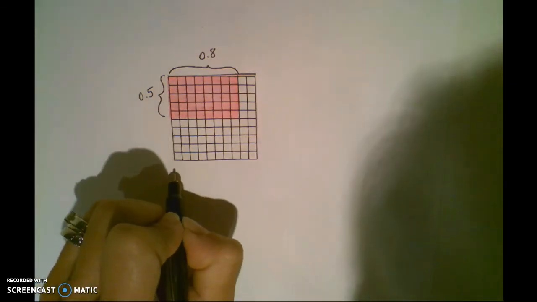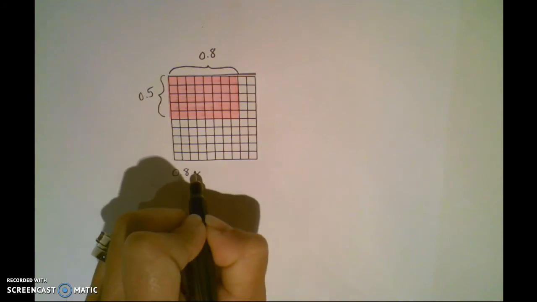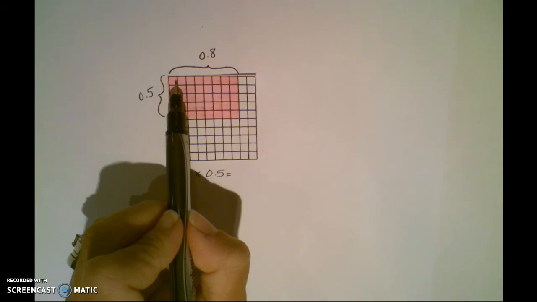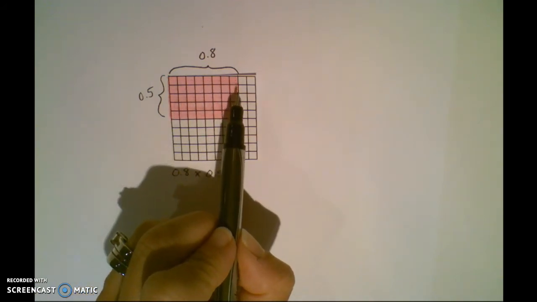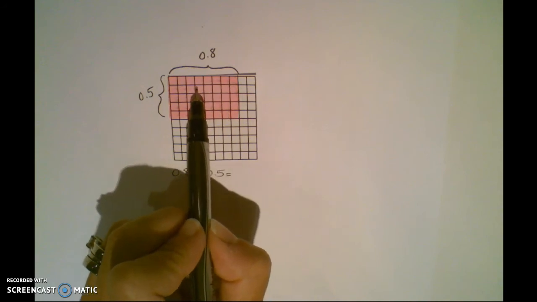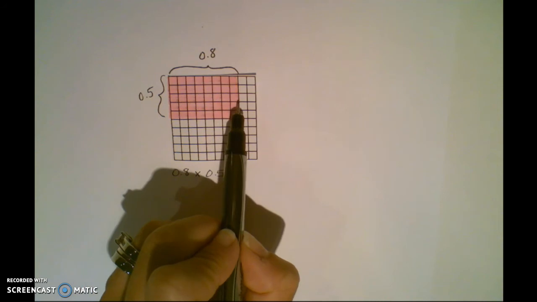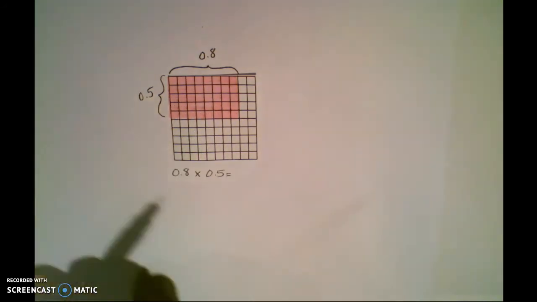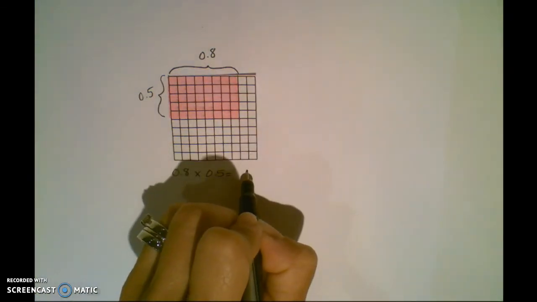So the multiplication problem I'm showing here is 8/10 times 5/10 equals, well, let's see, 1, 2, 3, 4, 5, 6, 7, 8. Oh my gosh, this is going to take a long time. 9, 10, 11, 12, 13, 14, 15, 16, 19, 20, 21, 22, 23, 24, 25, 26, 27, 28, 29, 30, 31, 32, 33, 34, 35, 40. Is there a better way?